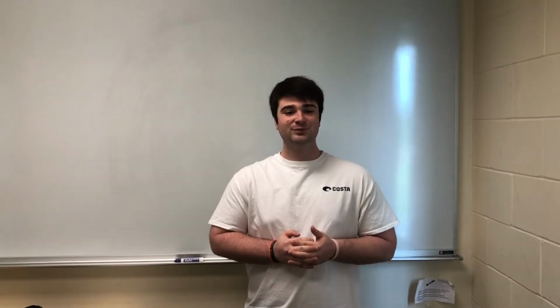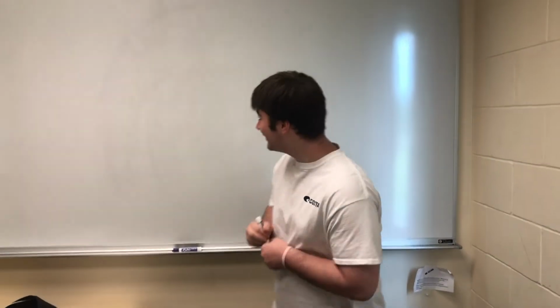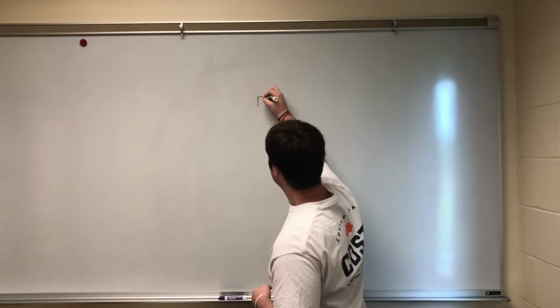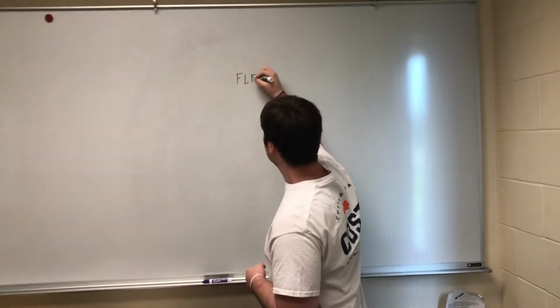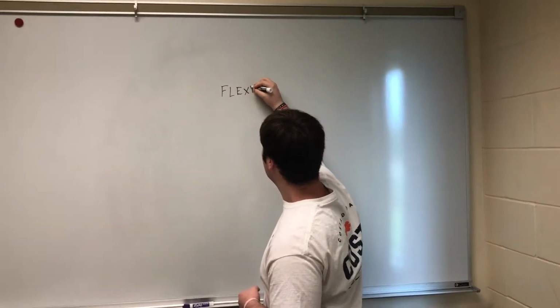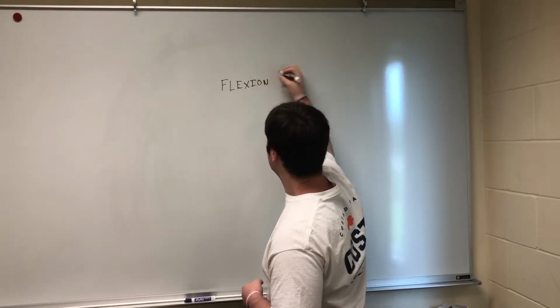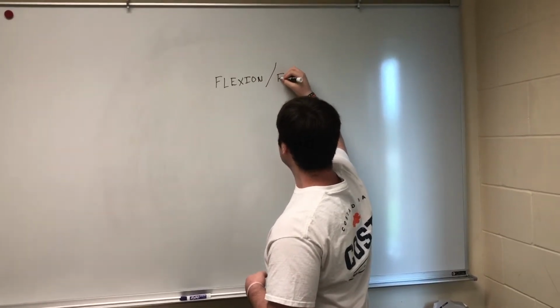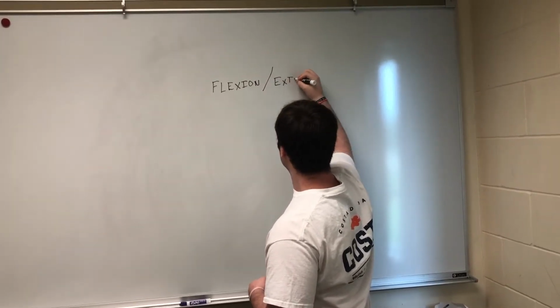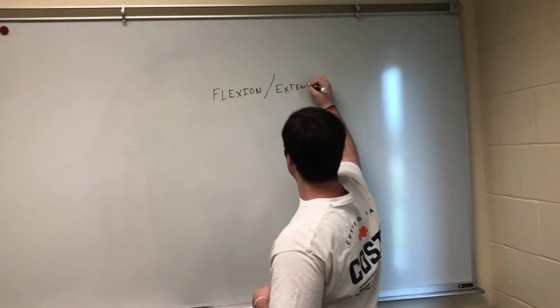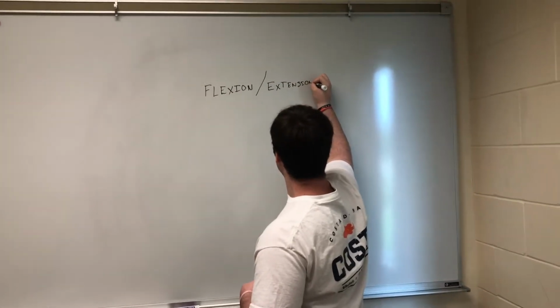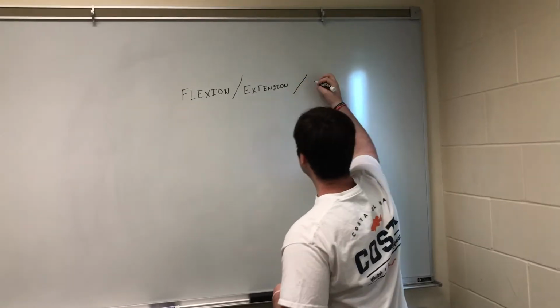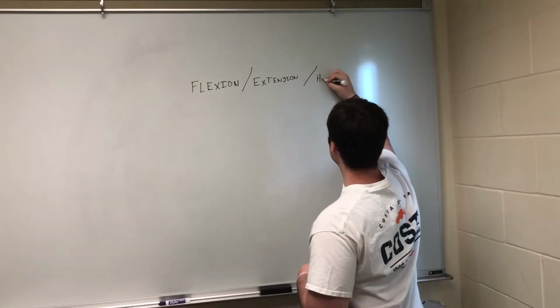All right, angular movements are produced by changing the angle of the joints. The first one is flexion. Extension. And something you don't want to do, hyperextend.